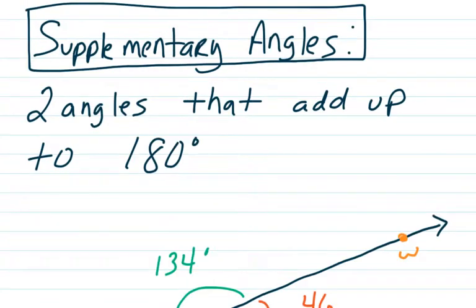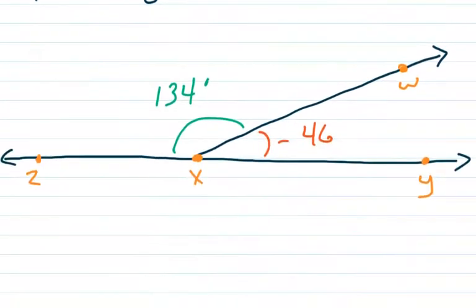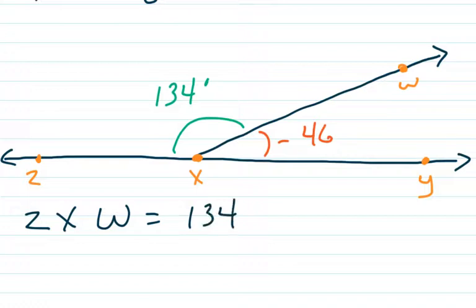Now our next vocabulary word is supplementary angles. And these are two angles that add up to 180 degrees. And if we're looking at this, we have angle VXW, which equals 134 degrees.